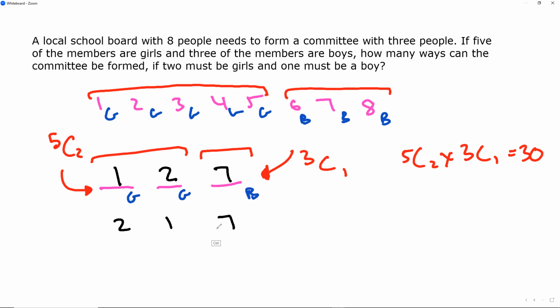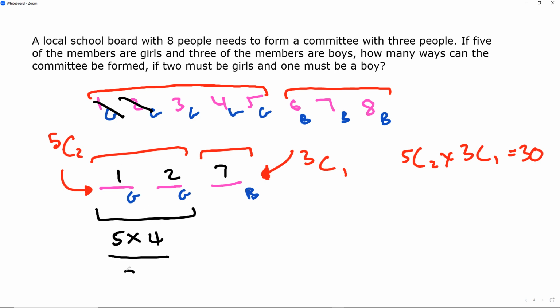So how do we know to divide by 2? Because we can arrange these two in two factorial ways. So if I go 1, 2, and 7, we have 5 options, then 4 options after we've chosen those two. But at the same time, we have to divide it by 2 factorial, because 2 factorial is the number of ways of arranging those two, and the committee will still be the same.